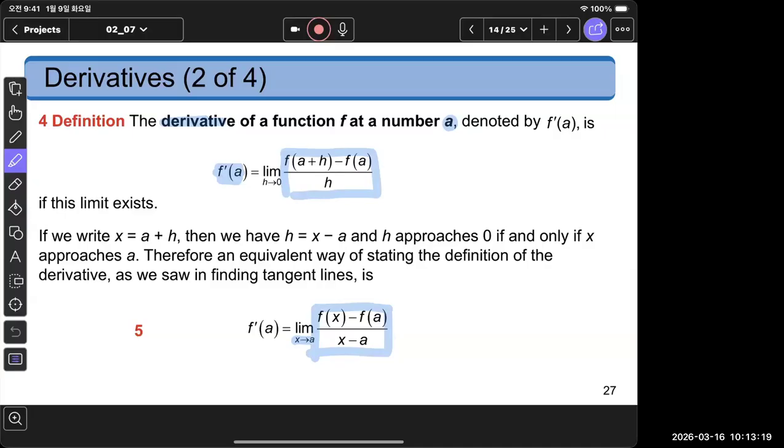Sometimes I call this limit value the slope of the tangent line, and sometimes I call that value the derivative of a function at some point. So please be familiar with both approaches. Sometimes we use the name derivative, but if we draw the graph, then the slope of the tangent line will be preferred.